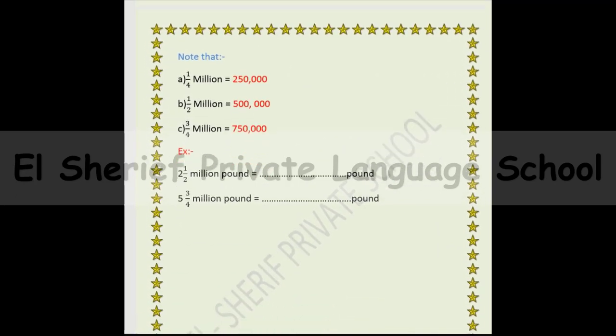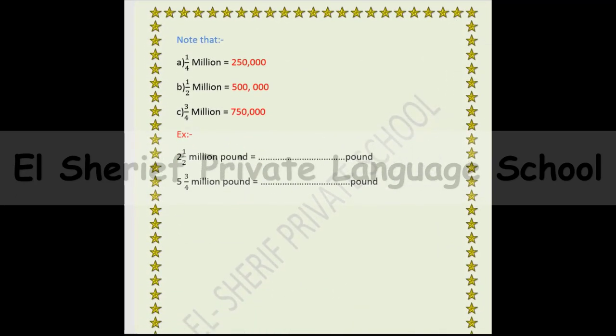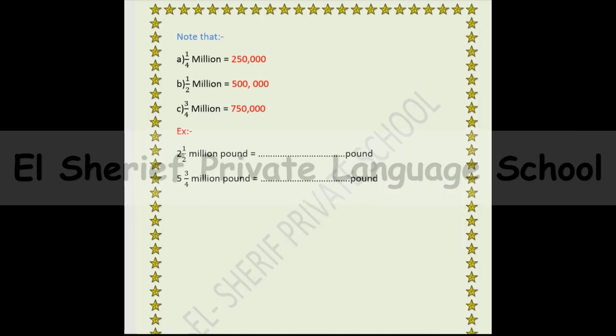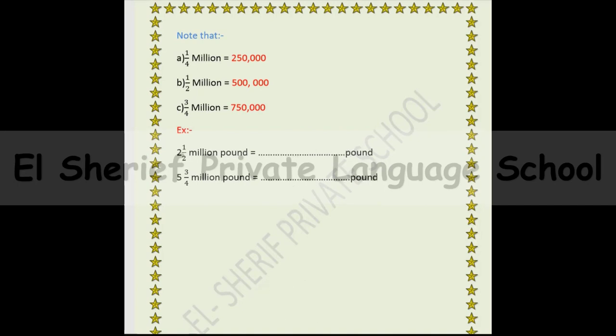Now we must note that quarter million equals 250,000, and half million equals 500,000, 3/4 million equals 750,000. Now we can solve this exercise. We have 2.5 million pounds equals how many pounds?